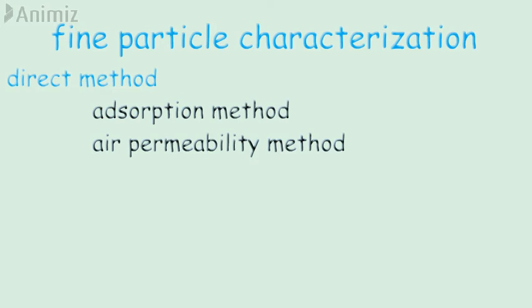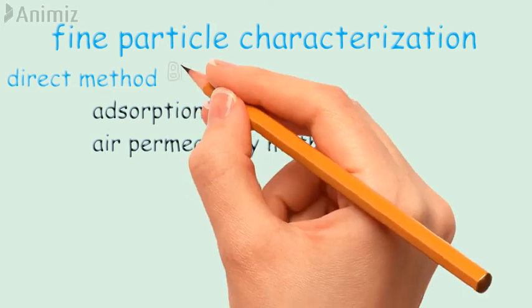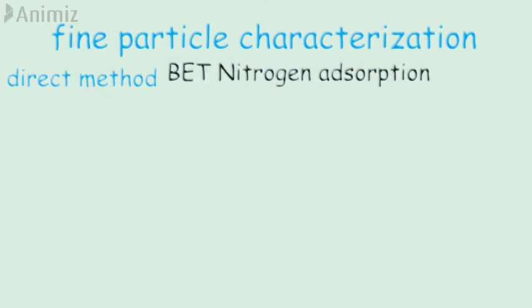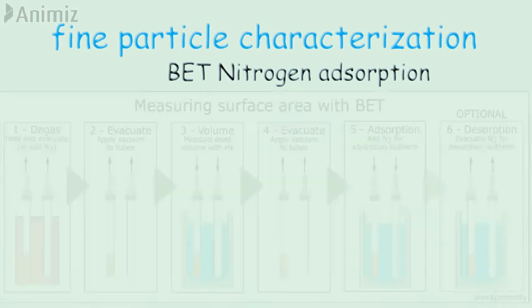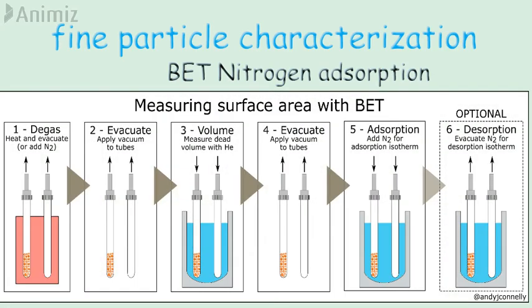A more precise measurement of surface area is made by nitrogen adsorption or wet nitrogen adsorption. The method is like this: a layer of nitrogen molecules is adsorbed to the sample surface at minus 196 degrees Celsius. When this adsorption reaches equilibrium, the sample is heated to room temperature, then the nitrogen gets desorbed.